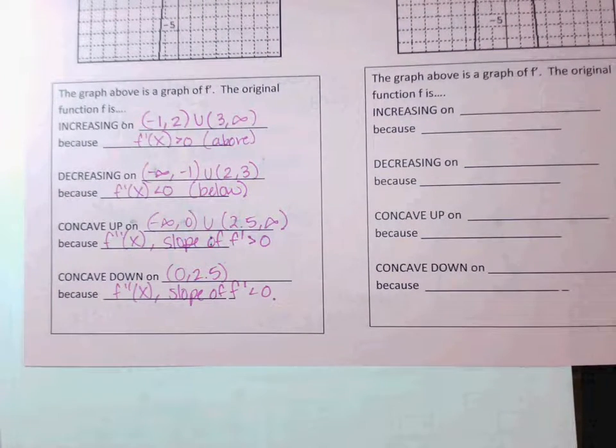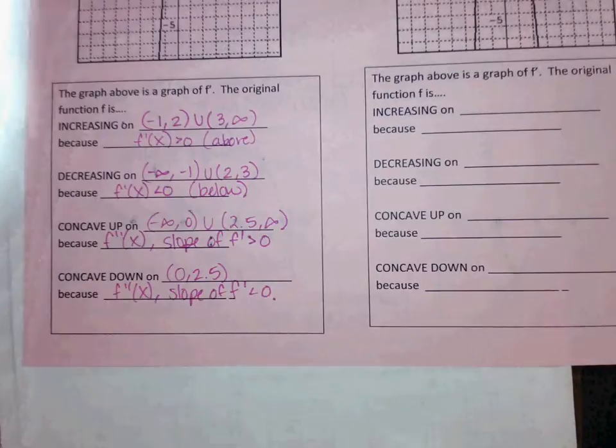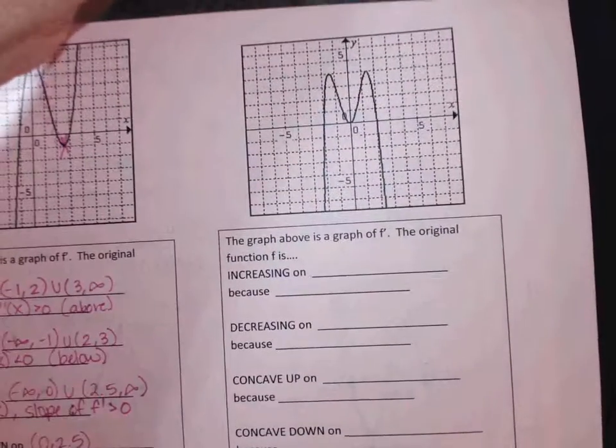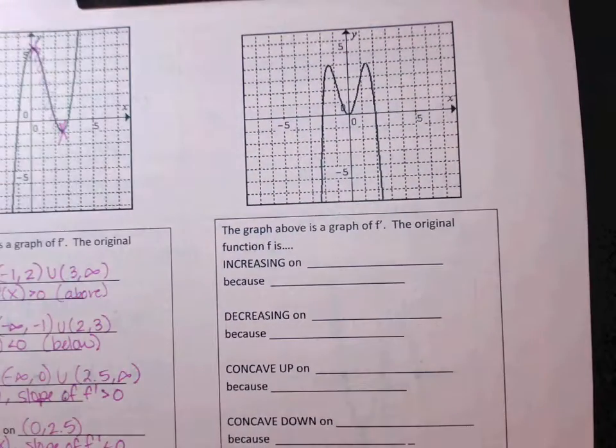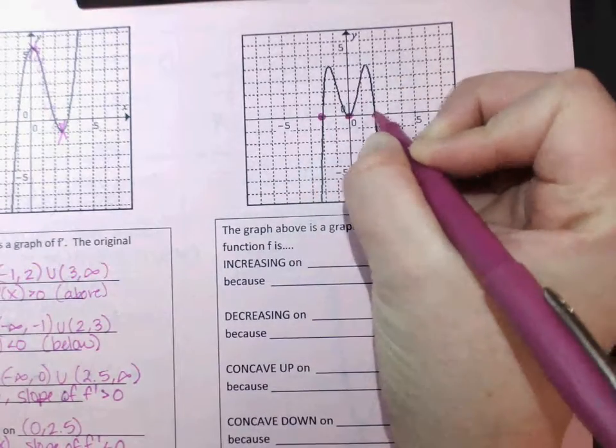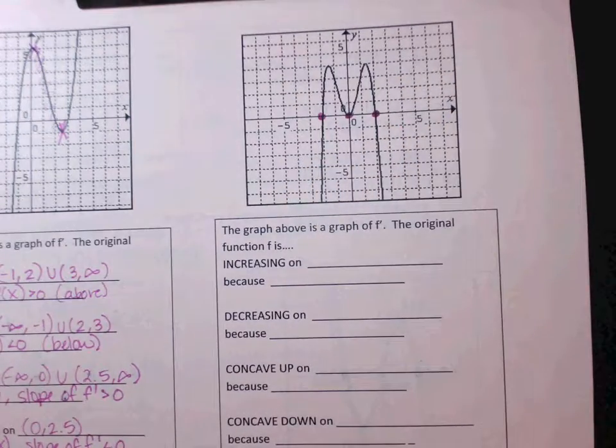Alright, now on the next graph, you'll notice how many critical numbers on the second graph were there. Remember that critical numbers are the same as x-intercepts. Looking at this second graph, how many x-intercepts are there? 1, 2, 3. Do all 3 of those count as a min or a max?